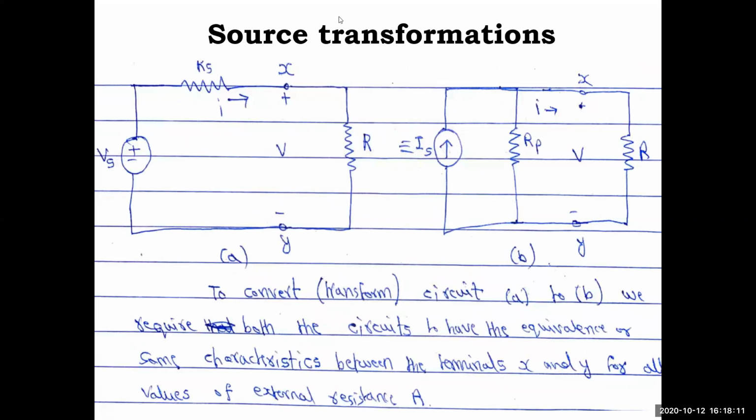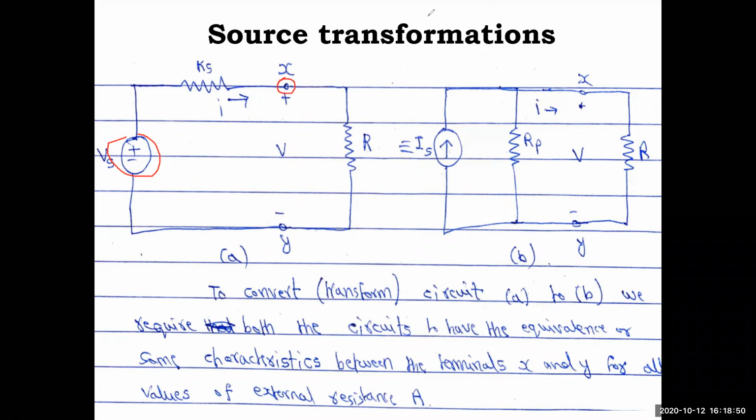So this is a network here, and we are converting it. We have considered a network with a voltage source in series with a resistor, and a load resistor R is connected here, and we selected the terminals at X and Y. Here we are measuring the voltage and current, and when we convert this into a current source in parallel with a resistance, it should be the same.